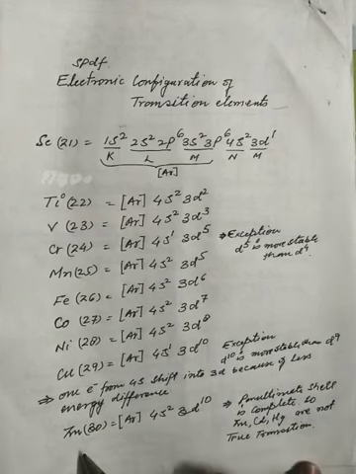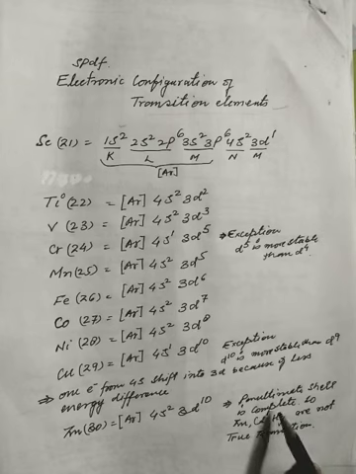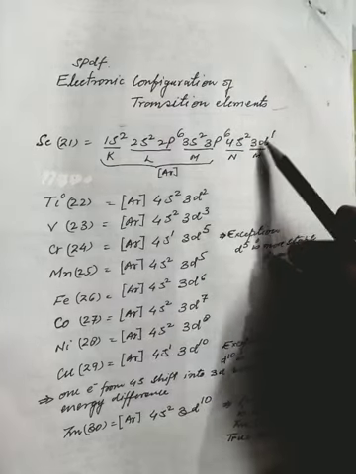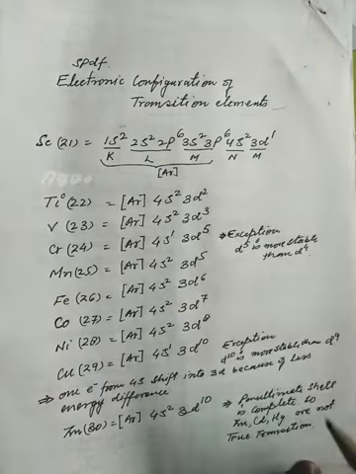Now zinc 30 is argon 4s2 3d10. You can see here the penultimate shell is complete. 3d10 means what? With 10 electrons in d, 2 plus 6 plus 10 is 18, so the third shell is completed.